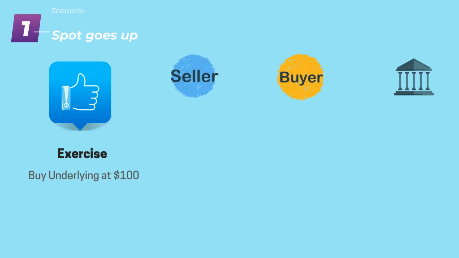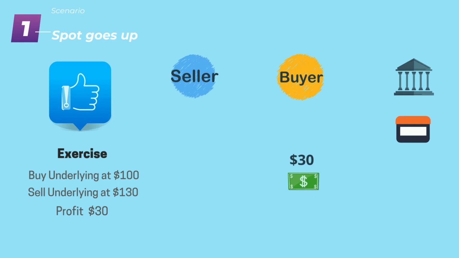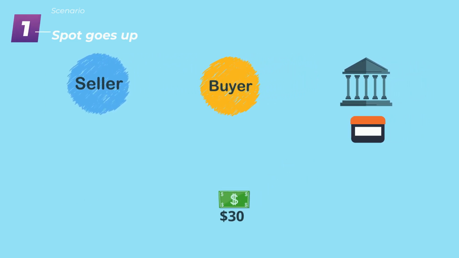You then buy the underlying from the seller at $100, and immediately sell it on the exchange for $130. You realize a gain of $30 by exercising the option and selling the underlying to the market at a higher price. However, you have already paid $5 for the option 1 year ago. So your net profit is $30 minus $5, which is $25.